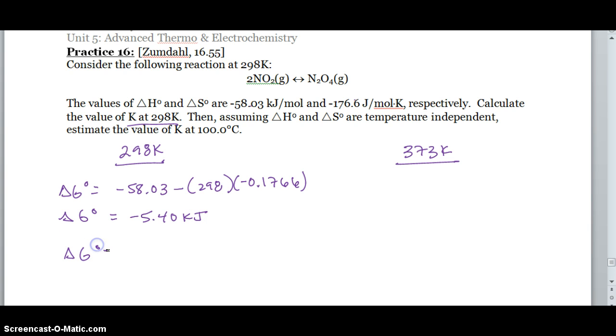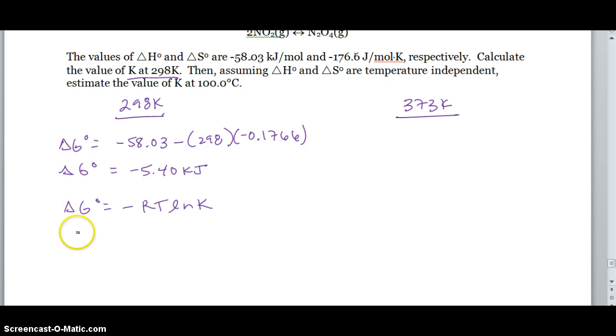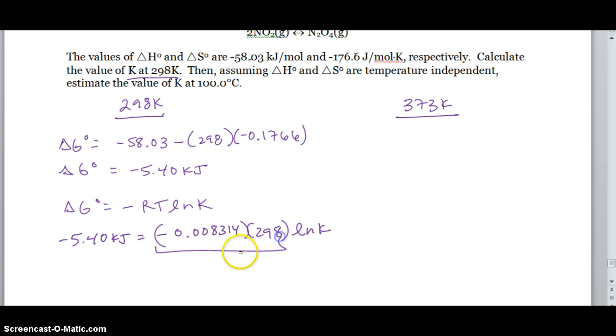So in order to find my K at that particular temperature, I plug in, I get negative 5.40 kilojoules equals negative 0.008314 times 298 ln K. Bring all this stuff to the other side, and we get 2.18 equals ln K. So K is equal to 8.84.